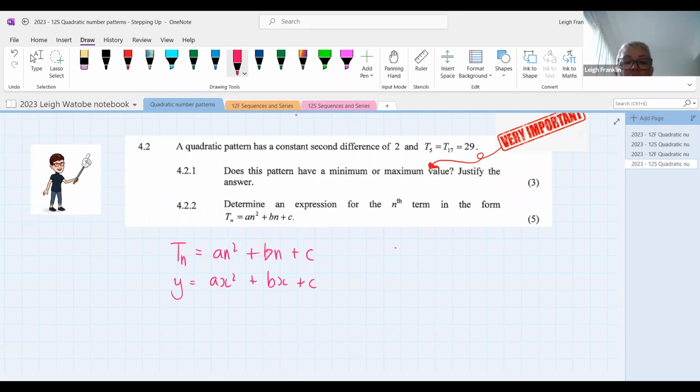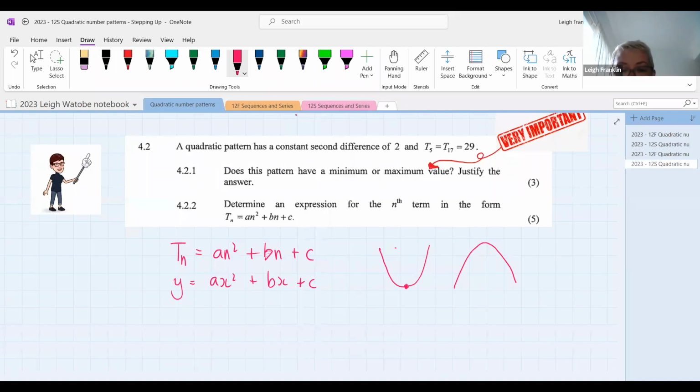So if I now draw a quadratic number pattern, it's going to look the same as a parabola. In other words, it can either be a smiley face or a sad face.